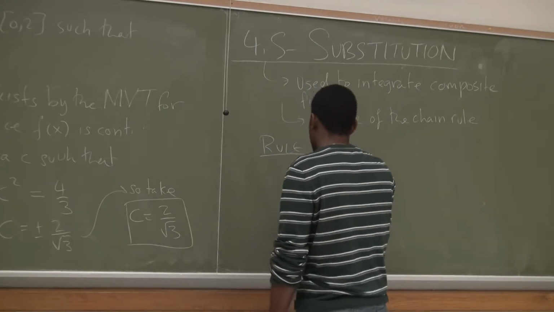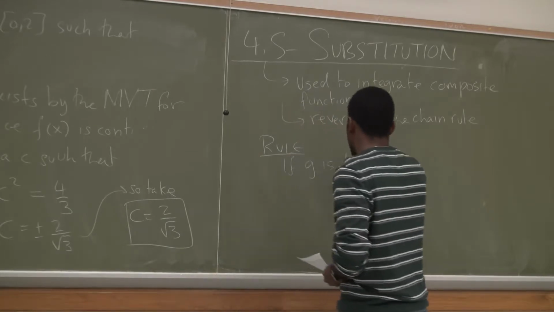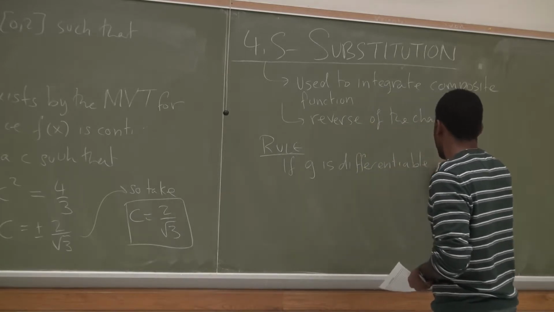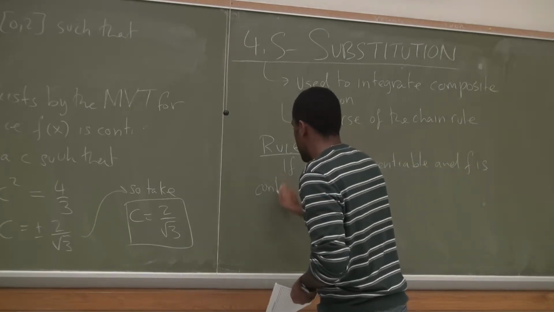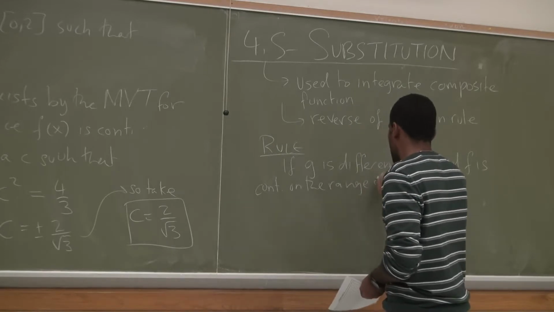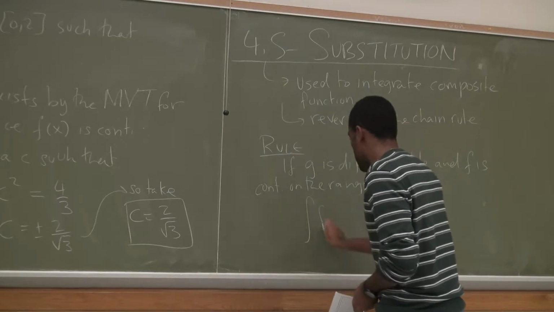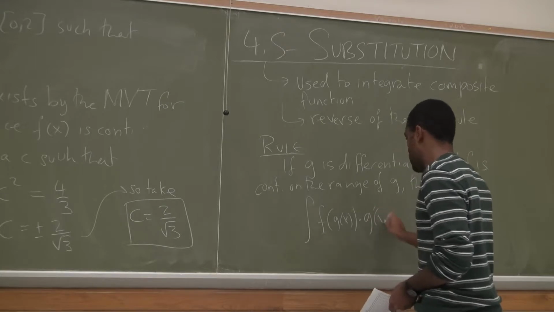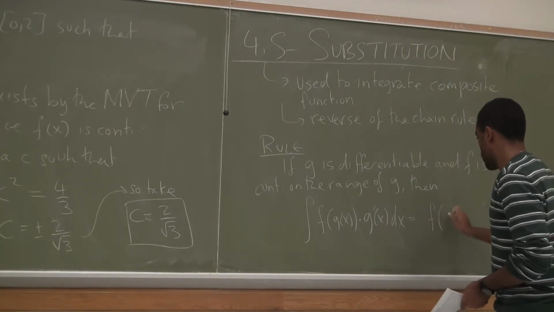The rule is the following. If g is differentiable, and f is continuous, the integral of f of g of x times g prime of x dx is just equal to f of g of x.